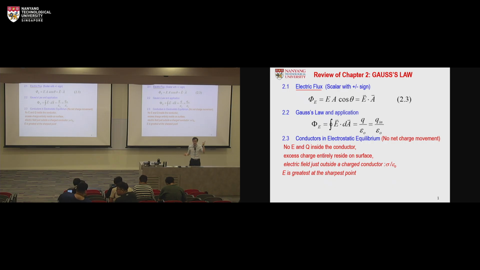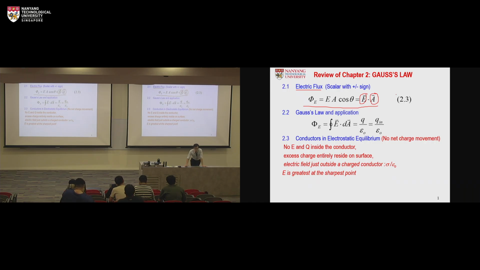One is the electrical field lines, and the second is the surface. That is why mathematically this is how we define the electrical flux, the dot product of vector E and vector A. And here the most critical point is how you define this vector A properly.